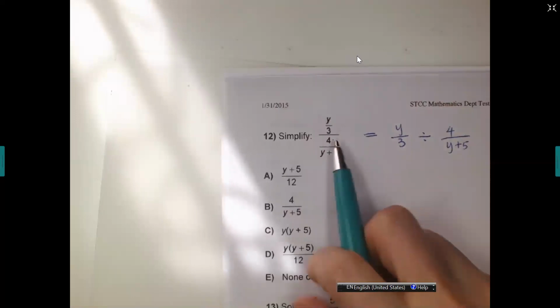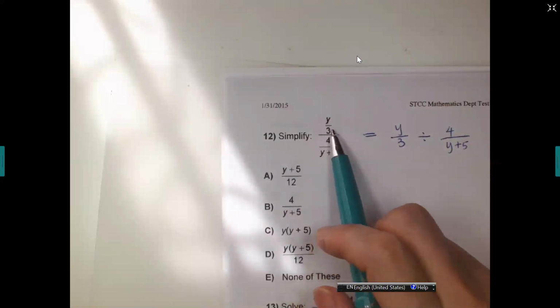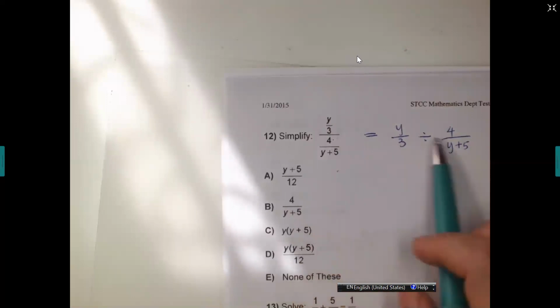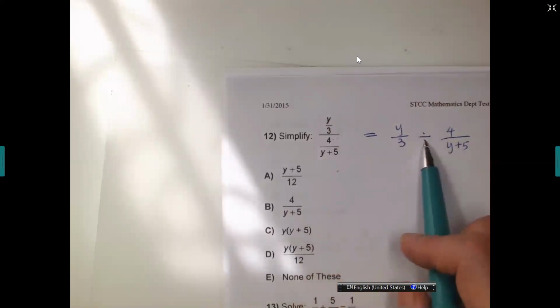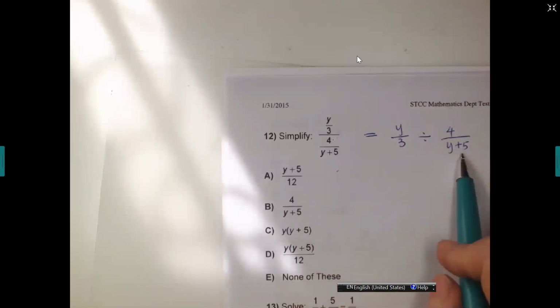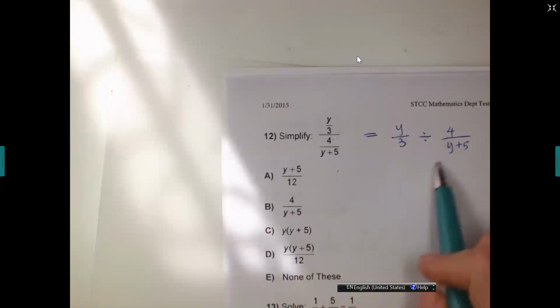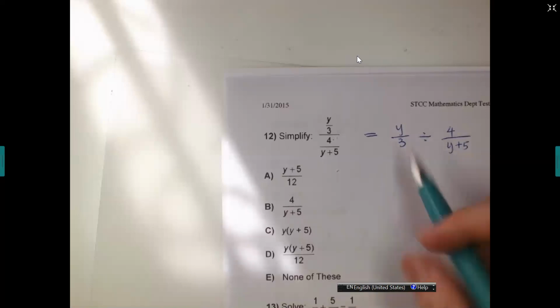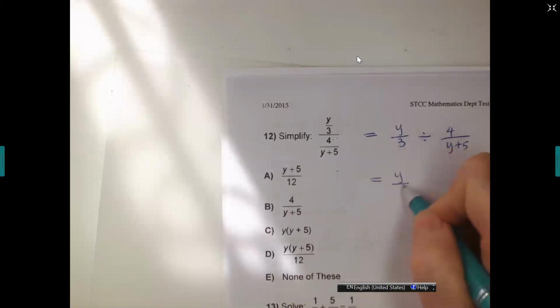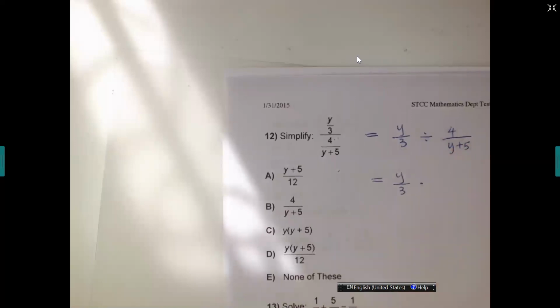To rewrite this complex rational as a division here, numerator divided by the denominator. Then we can just do the division. How do we do the division? Turn the division into multiplication by flipping the second expression over, y plus 5 over 4. And then just multiply.